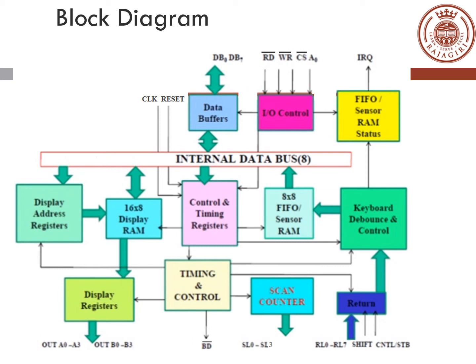Just to the left of the dark blue box at the bottom, which is the return, we have the scan counter, which is controlled by a timing and control block, which will generate the scan values SL0 to SL3, the 4-bit scan values which will be continuously generated as 0, 1, 2, 3, 0, 1, 2, 3, and they will be sent out onto the decode unit on the outside to generate the 16 scan lines for the matrix keyboard and the display.